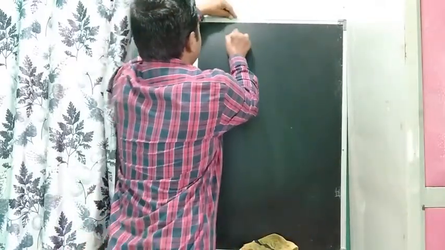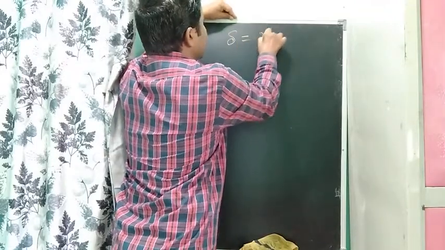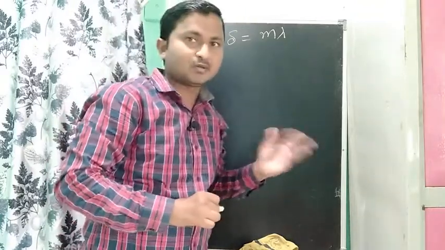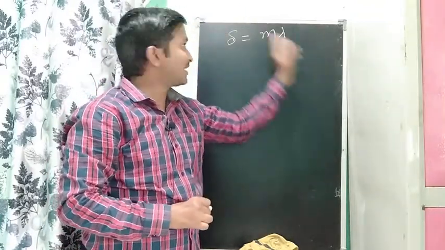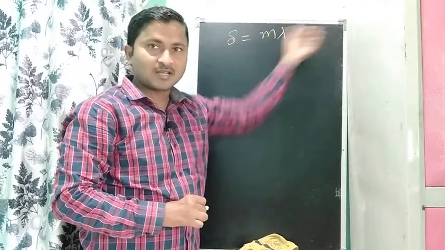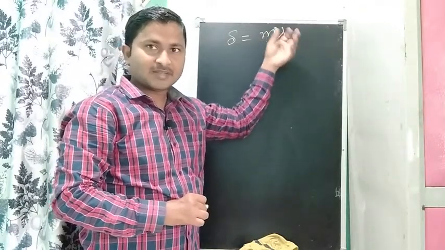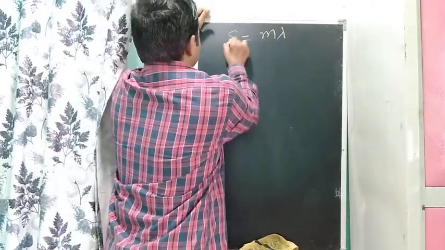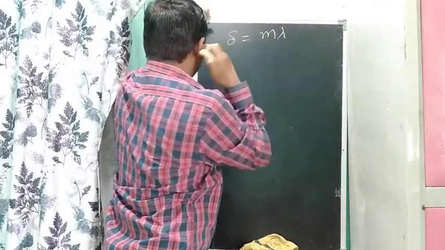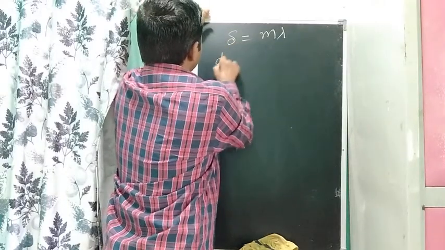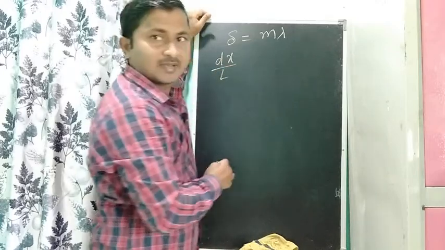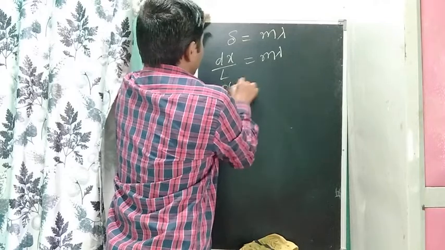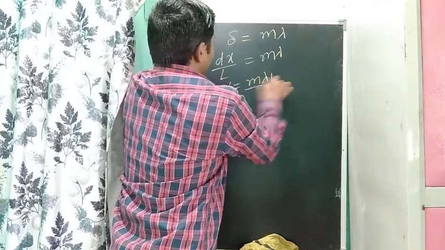Whenever the path difference between the two light waves reaching a point on the screen is m lambda, where m equals 0, 1, 2, 3, and so on, that is 0, lambda, 2 lambda, 3 lambda, 4 lambda, and so on, a bright fringe is formed. So from this, path difference delta is d into x by L, so dx by L equals m lambda. From this, x equals m lambda L by d.